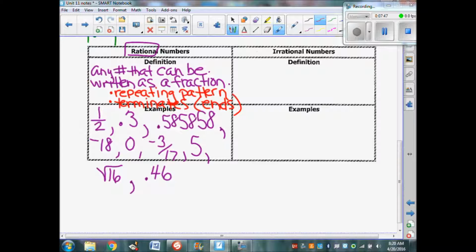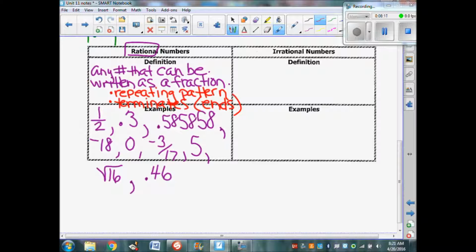So, anything that can be written as a fraction. 1/2 is a fraction. Negative 3/17 is a fraction. 0.3 is 3/10. We could write that as a fraction, 3/10. This has a pattern to it. Negative 18, I could make it a fraction and say negative 18/1.